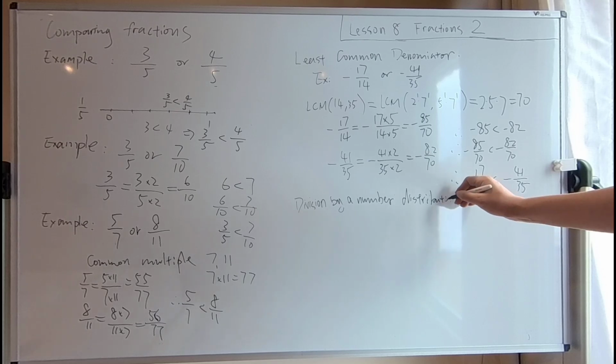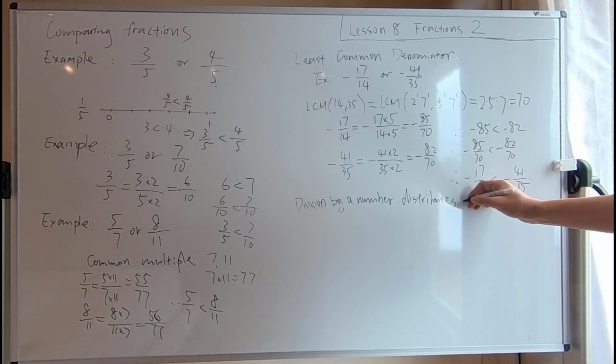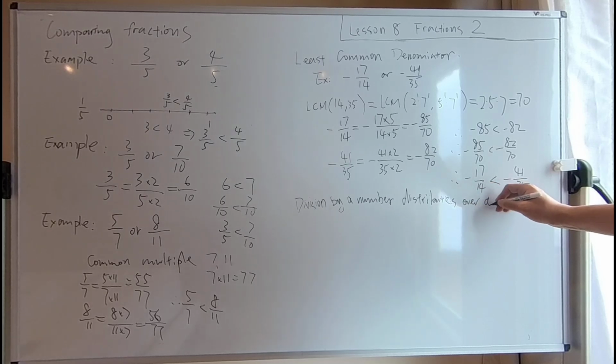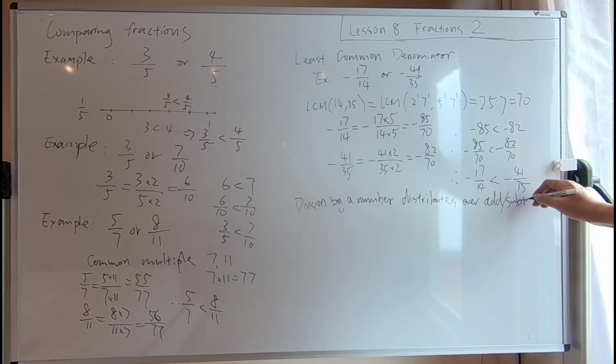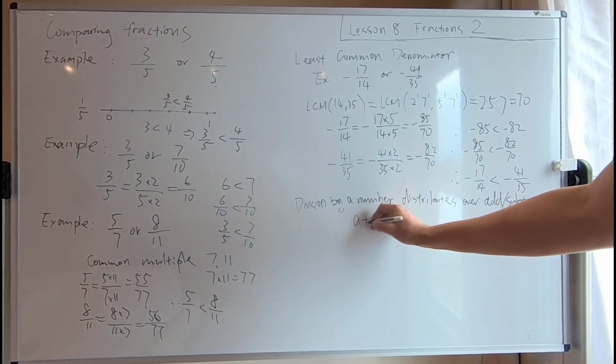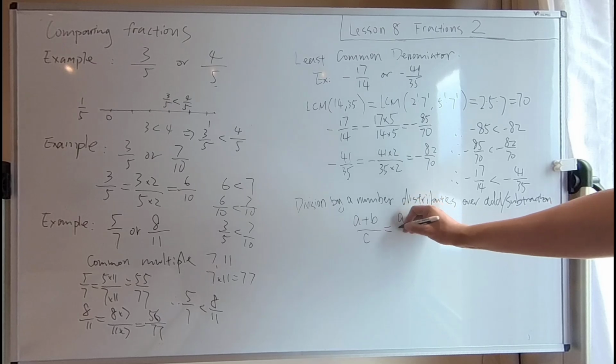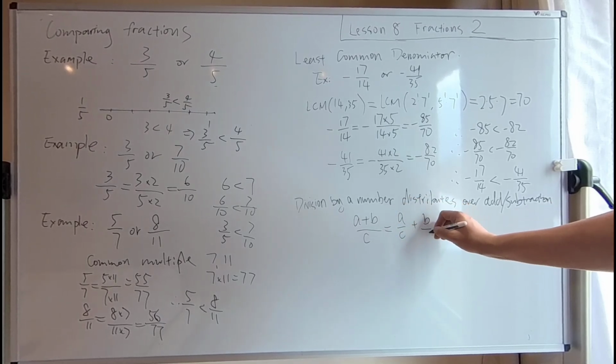That's division by a number distributes over addition and subtraction. So that simply tells us that if I have a plus b over c, it can be redistributed as a over c plus b over c.